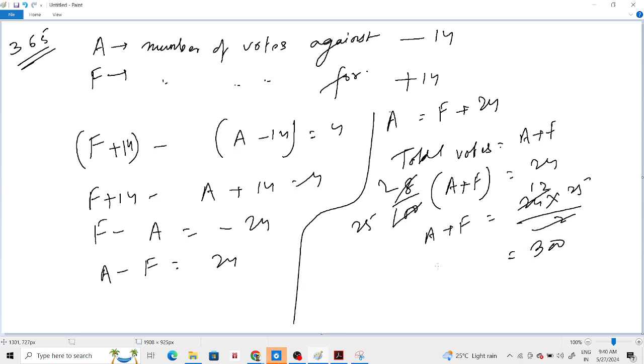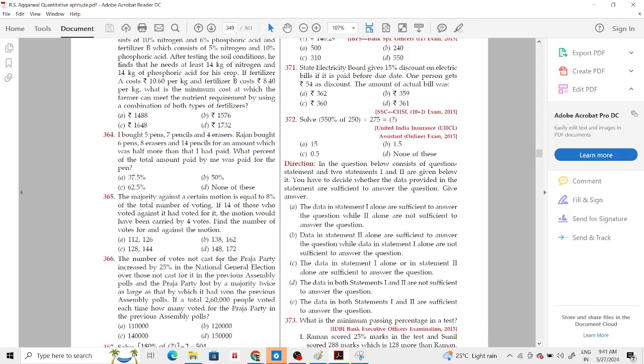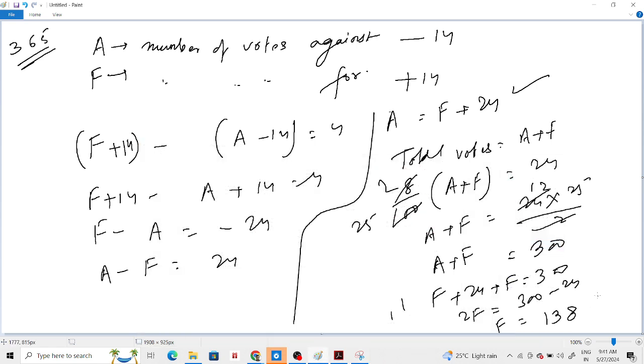That is going to give me 300. Now if I put this expression of A over here, then F will come as 300 minus 24 by 2, which is 138. So the number of people who voted for is 138. So the option is B.